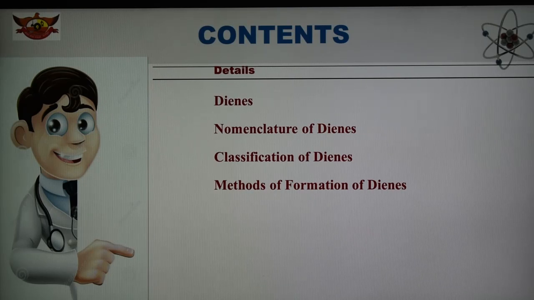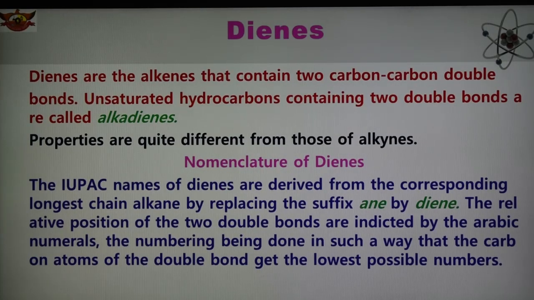So as we know, what is a diene? Dienes are alkenes that contain two carbon-carbon double bonds. Unsaturated hydrocarbons containing two double bonds are known as alkadienes or simply dienes. They have the general formula CnH2n-2, and therefore they are isomeric with the alkynes, but the properties are quite different from the alkynes.